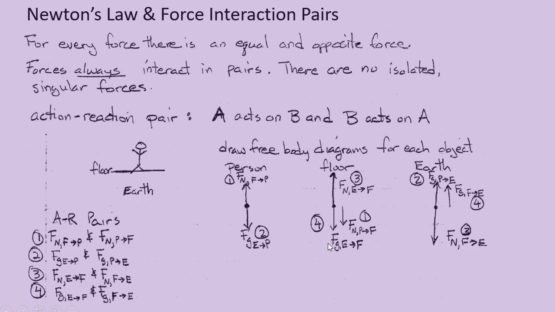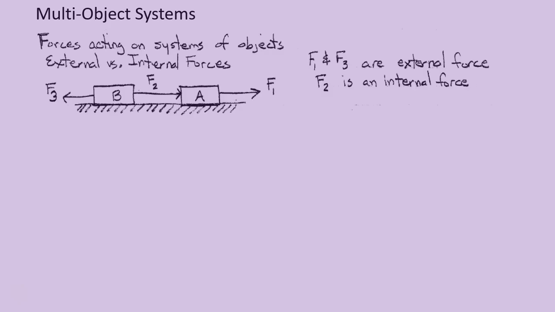That's the force of gravity, the earth pulling down on the floor. The reaction force to this will be the force of gravity, the floor pulling up on the earth. So if we go over to the earth's force diagram, we will find that reaction force. In this simple example, between the floor, person, and earth, we have four action-reaction pairs. Let's move on to some problem solving involving multiple object systems.